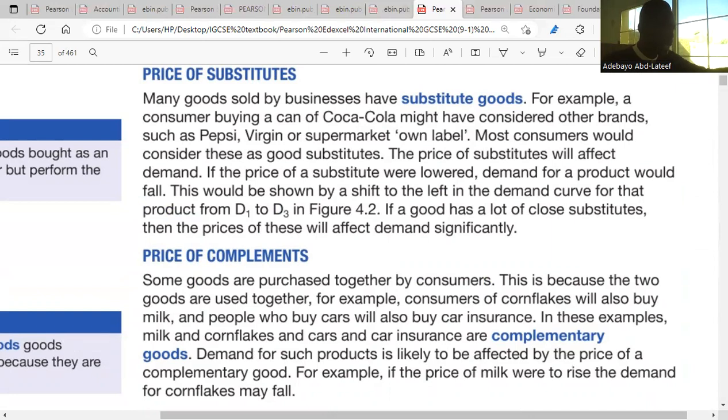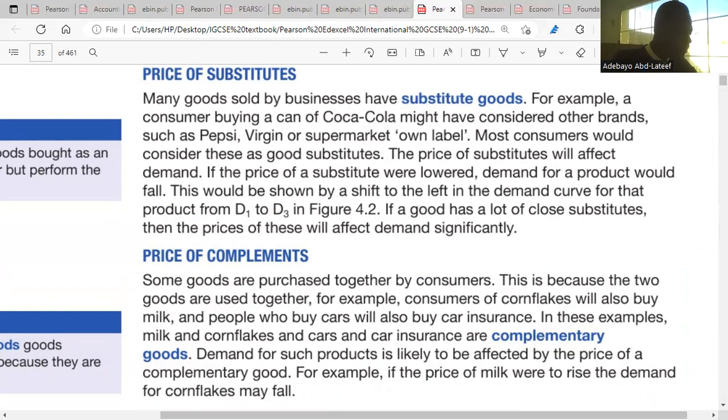If I'm not going to school A, I could go to school B. An increase in the tuition fee of school A might increase the quantity demanded of school B. Students might stop going to school A due to the increase in price and start going to school B. That is substitute. Do you understand what substitute means?